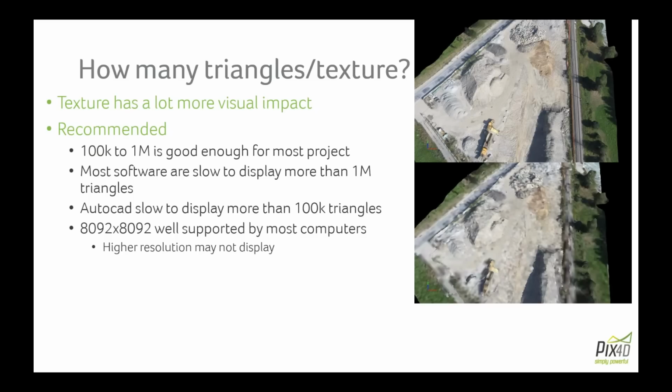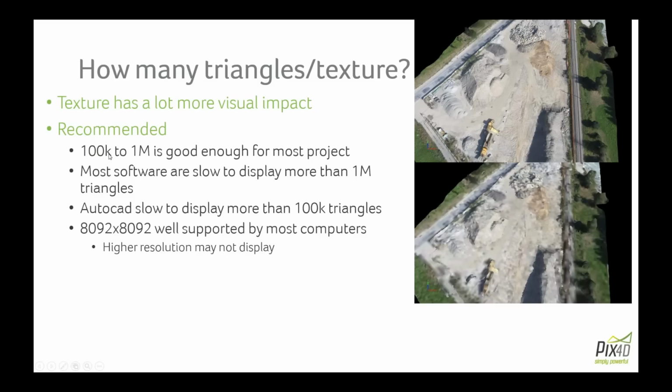So the number of triangles is much less important than the quality of the texture. I'm not saying it's not important. You should not try to go for too low a number of triangles. But when choosing the texture, putting a higher texture usually provides much more impact than setting a high number of triangles.